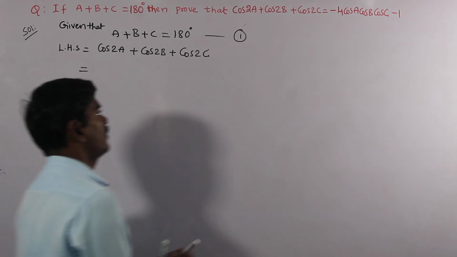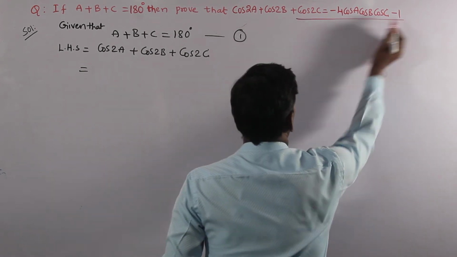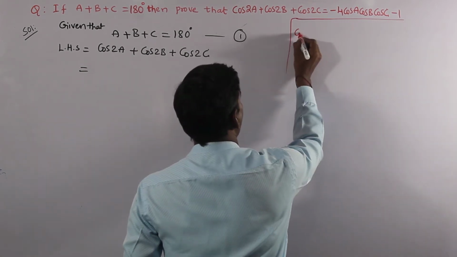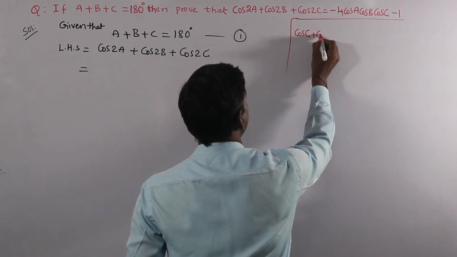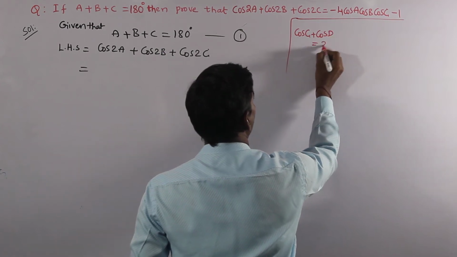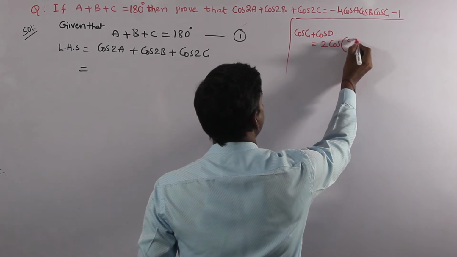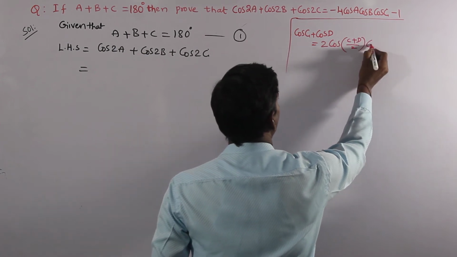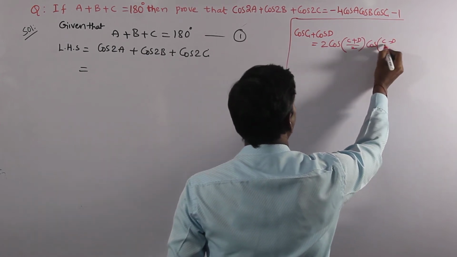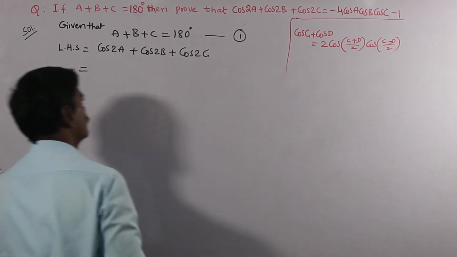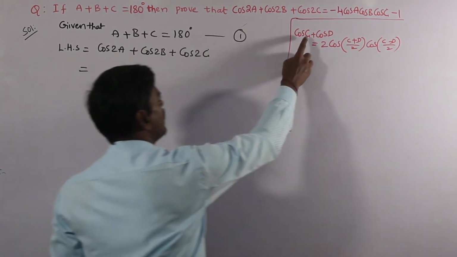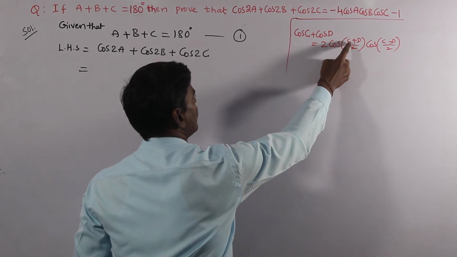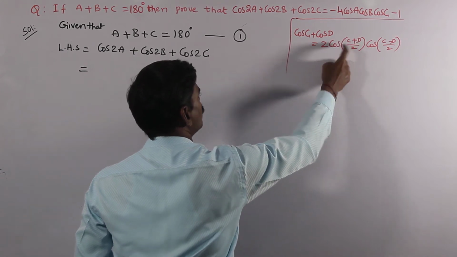So we can write it in the form of a product of ratios. Let us remind the formula: cos c plus cos d equals 2 cos of (c plus d) by 2 into cos of (c minus d) by 2. Here c is 2a and d is 2b, so replace c with 2a and d with 2b in this formula.